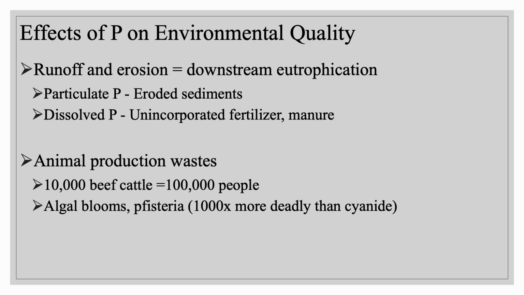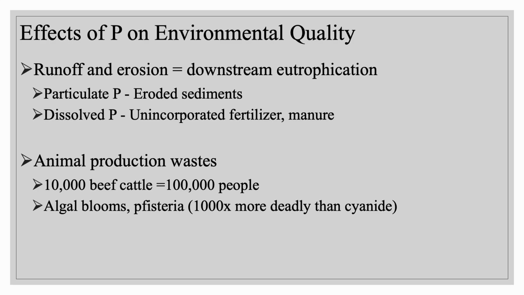And one of the things that my major professor used to say, and you might hear this again, is that the solution to pollution is dilution. And so they'll put those animal waste products somewhere in a lagoon, hoping to dilute the phosphorus concentration before it makes its way into the watershed.